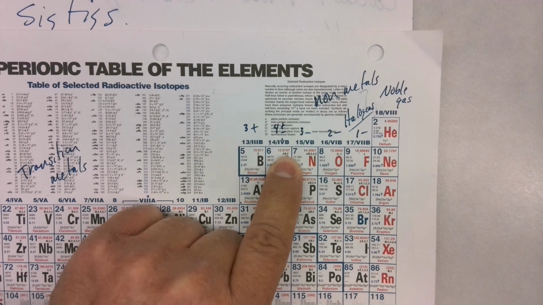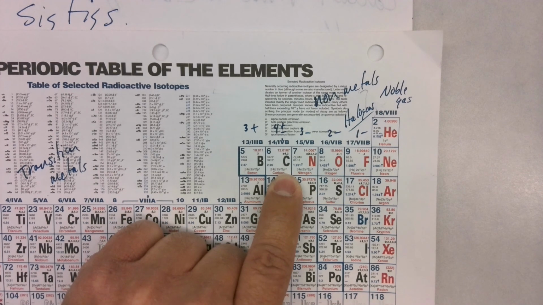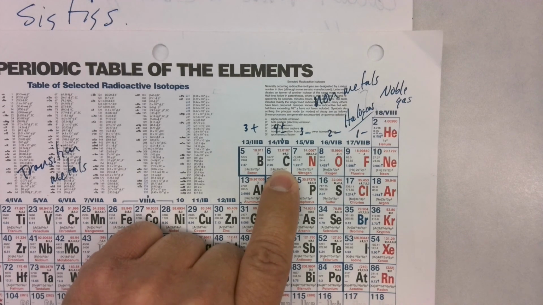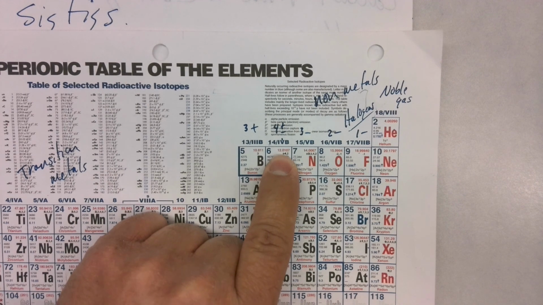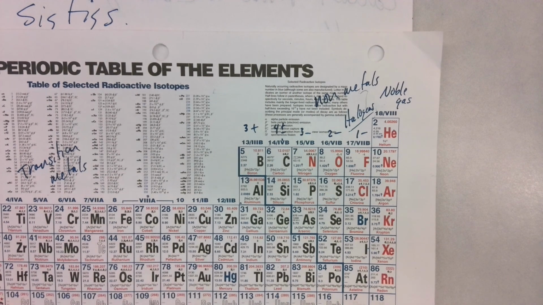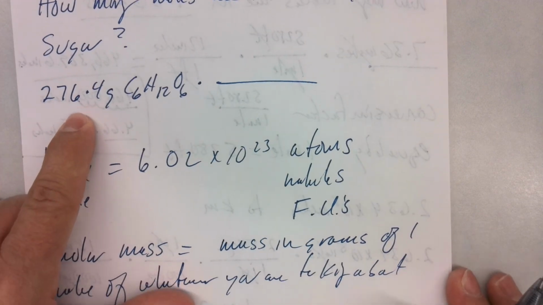But if I am talking about a mole of carbon atoms, which is usually what we'll be talking about, the number doesn't change, but its unit does. So the mass of a mole of carbon is 12.0107 grams.